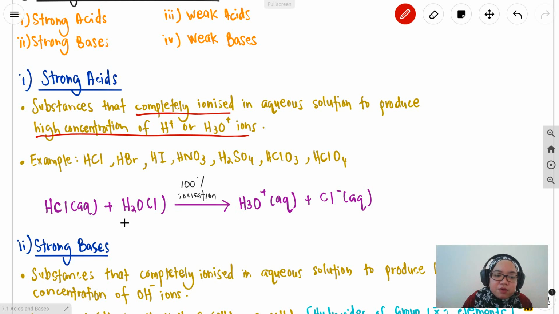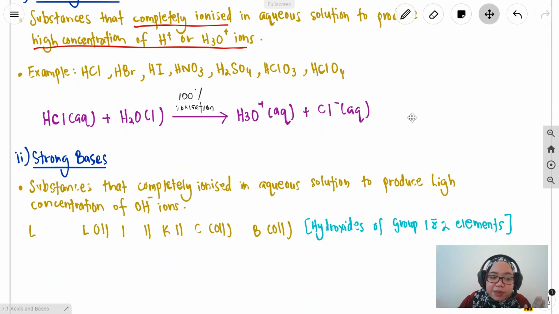So HCl is completely ionized in aqueous solution to produce a high concentration of hydronium ion and chloride ion. Okay, so that is for the strong acid.